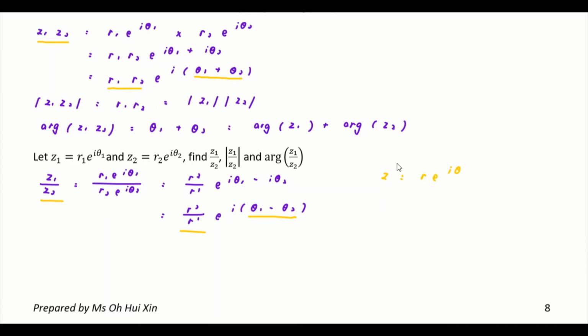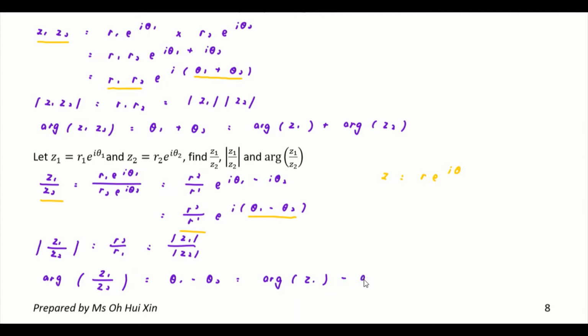So the modulus for Z1 over Z2 is equal to R1 over R2, in other words the modulus divided by the modulus. Then for the argument of Z1 over Z2, it is theta 1 minus theta 2, so the argument for Z1 minus the argument for Z2.